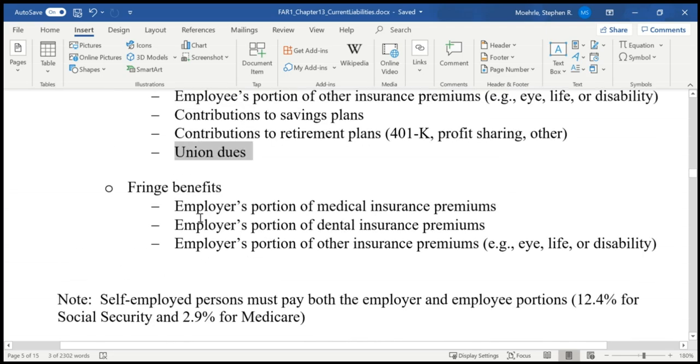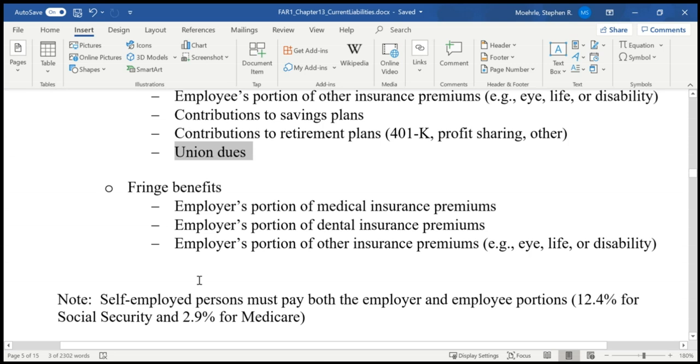Fringe benefits. These are the employer's portion of the medical insurance premiums, the employer's portion of dental insurance premiums, and the employer's portion of other insurance premiums that the employee is due under the fringe benefits agreement of their position.